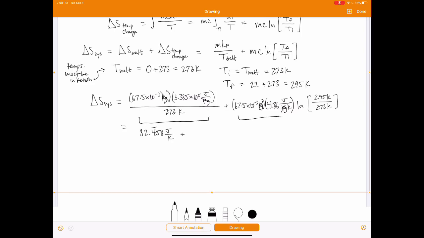The second term over here, if you calculate this, is 23.808. I want to keep 3 sig figs on that. Joules per Kelvin. Remember that when you add two numbers, the rule is you round to the smallest number of decimal places. So we're going to round to 1 decimal place.